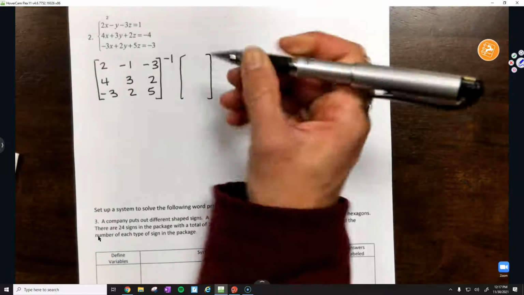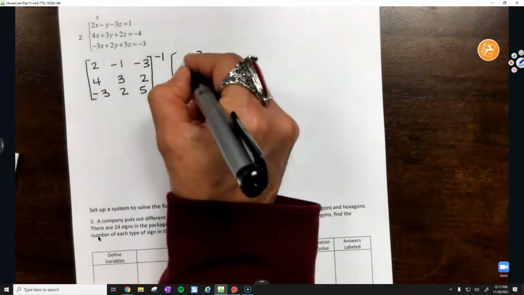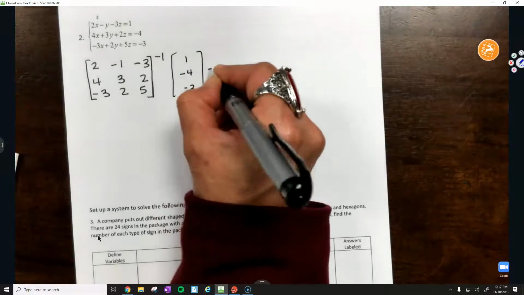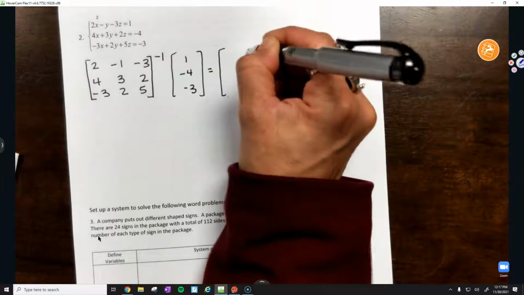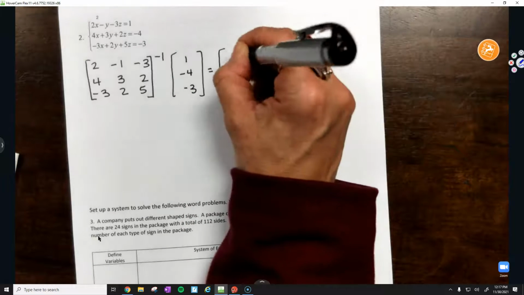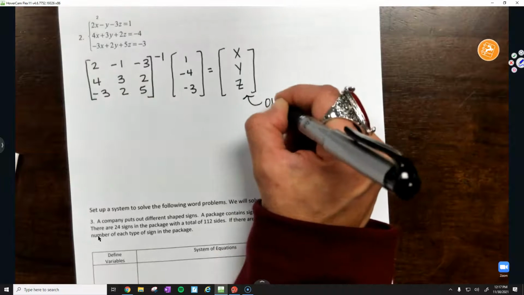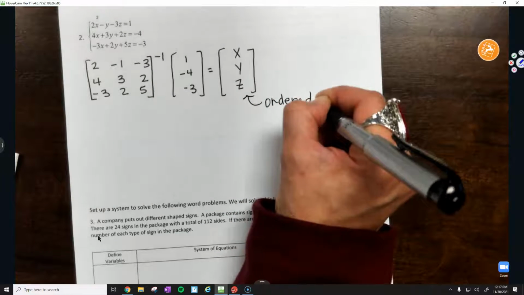And we're going to multiply by the answers in order. So it's going to be a +1, a -4, and a -3. Now remember, that's going to give us X, Y, Z. But you have to write that as an ordered triple.